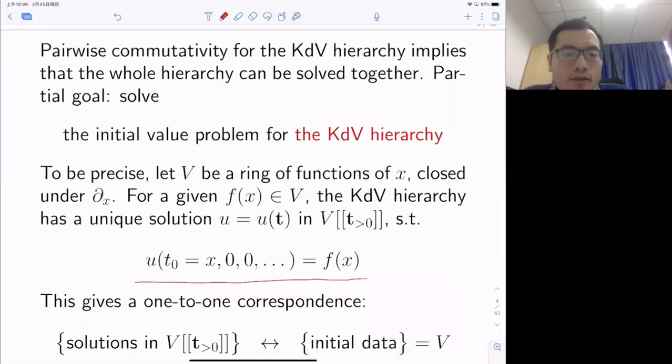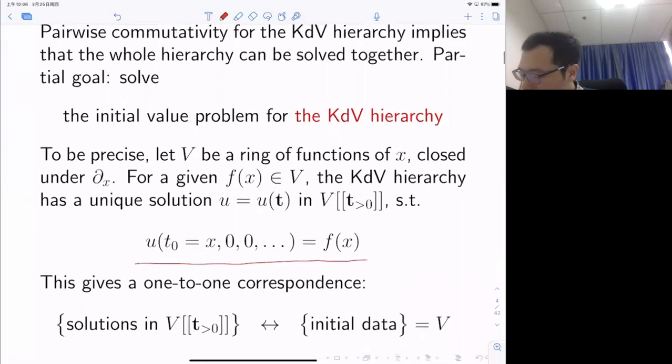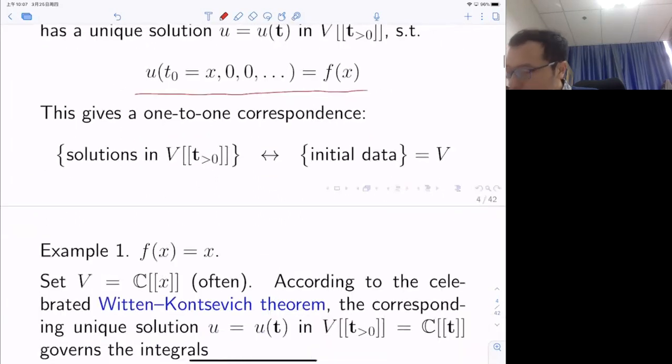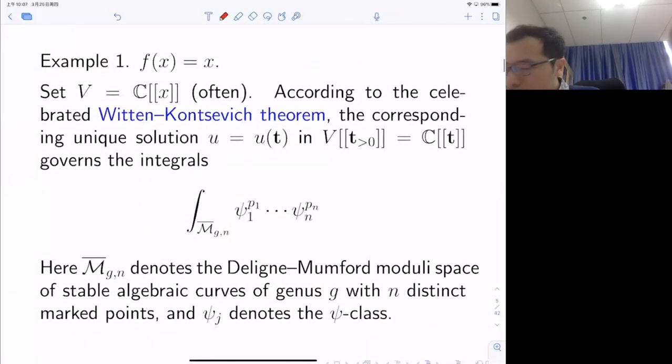Because each member of this hierarchy is an evolutionary PDE, the initial value problem has a unique solution. Because of this, there is a one-to-one correspondence between solutions of the KdV hierarchy and the initial data in our ring V. Let's see some examples. The first example is if the initial data is given by x, that is, f(x) equals x at all times equal to 0.